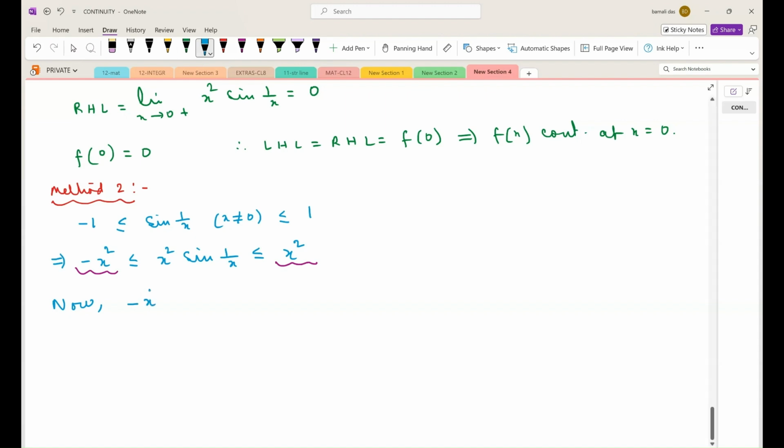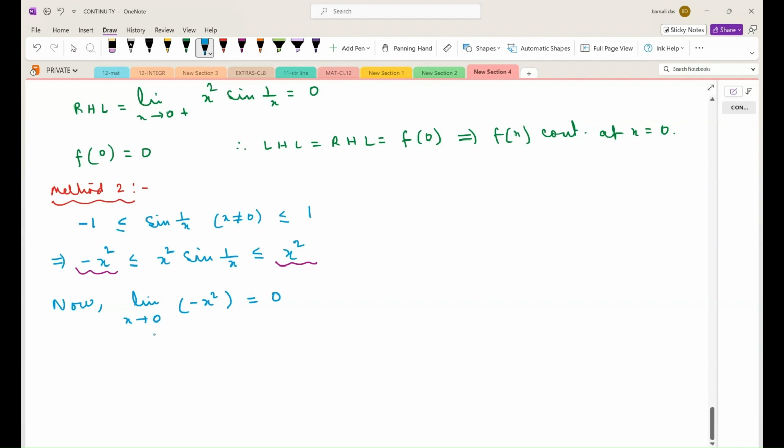Limit x tends to 0 of minus x square equal to 0.